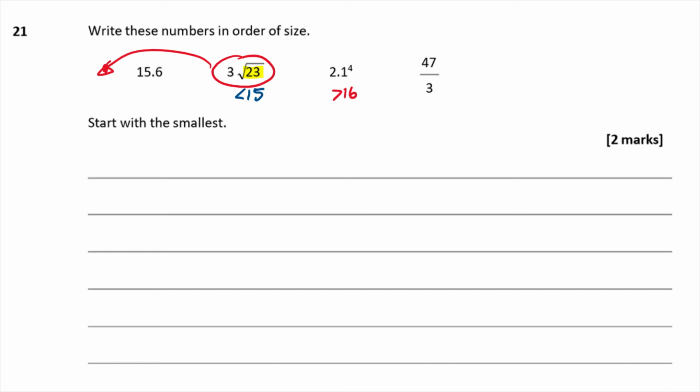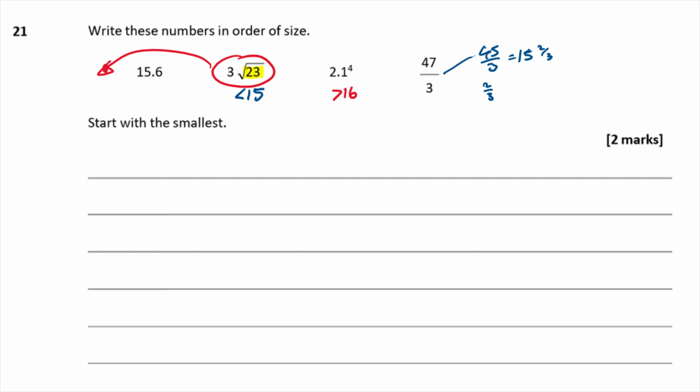And then 47 over 3, what's that then? Well, 45 over 3 would be 15, isn't it? So if I break this into 45 over 3, which is 15, and then I've got 2/3 left, haven't I? So it's 15 and 2/3 basically.